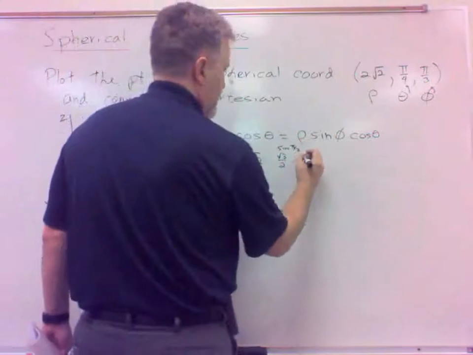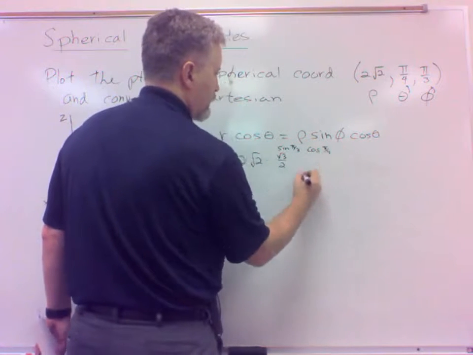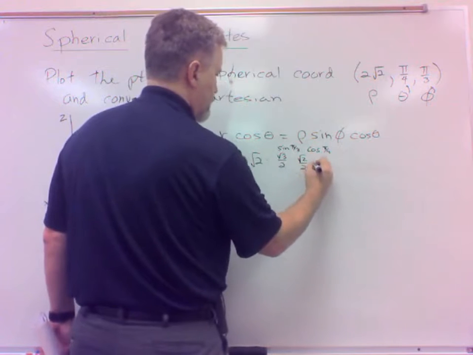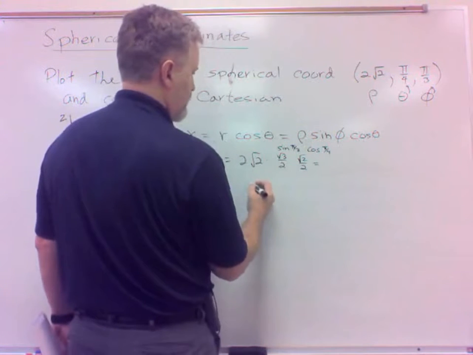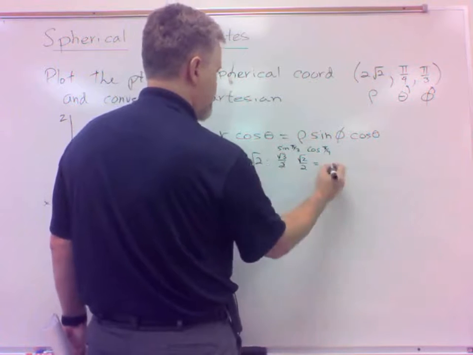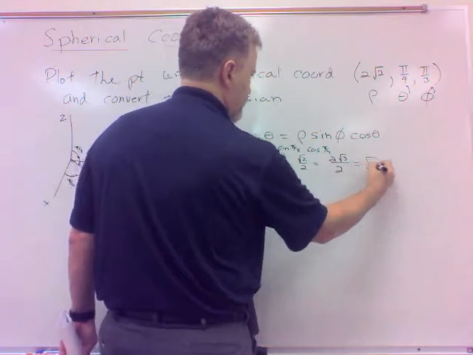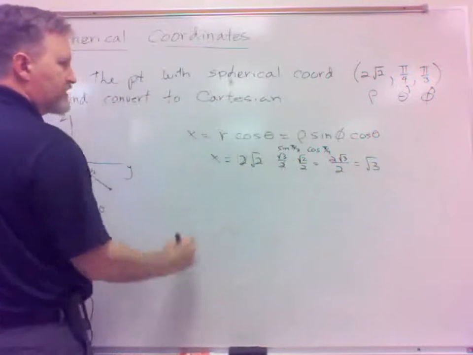And cosine of theta, which is pi over 4, so that would be square root of 2 over 2. And so the 2's cancel, and we wind up with 2 square root of 3 over 2, so that's just square root of 3. The x value is square root of 3.